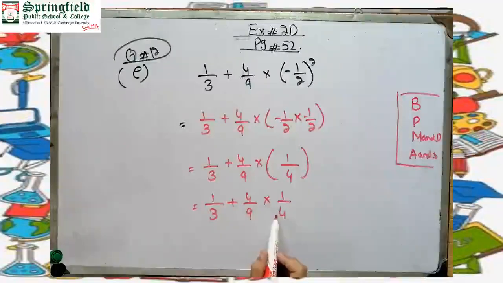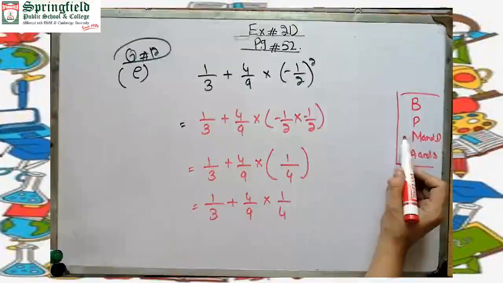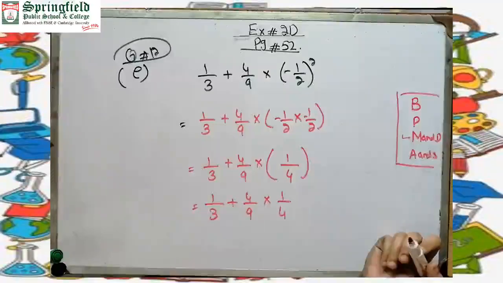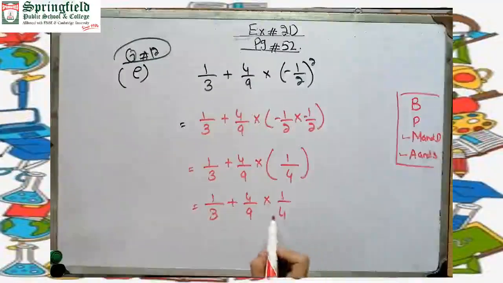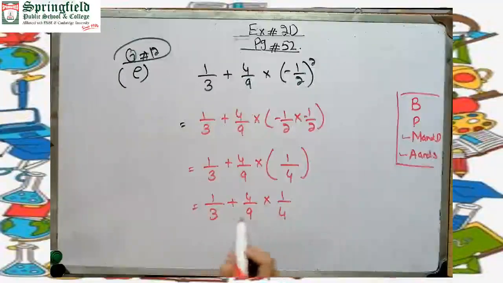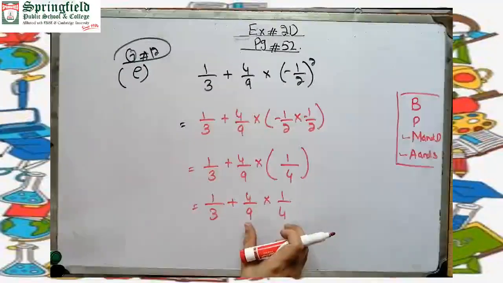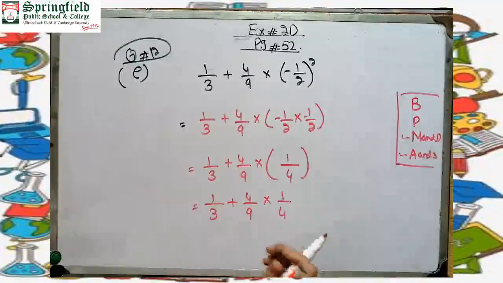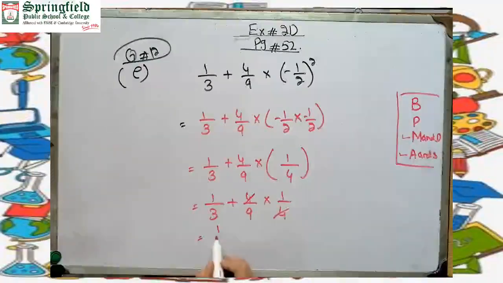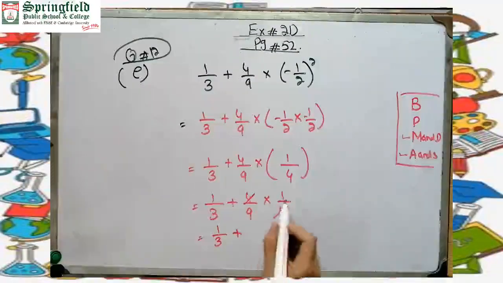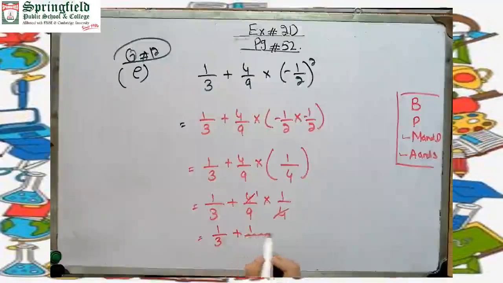First we will multiply, because multiplication and division come first, and at the end we will do addition and subtraction. There are 3 numbers, but the sign between the two numbers is a multiplication sign, so we can cancel the numbers in the opposite direction. 4 can be cancelled with the 4.